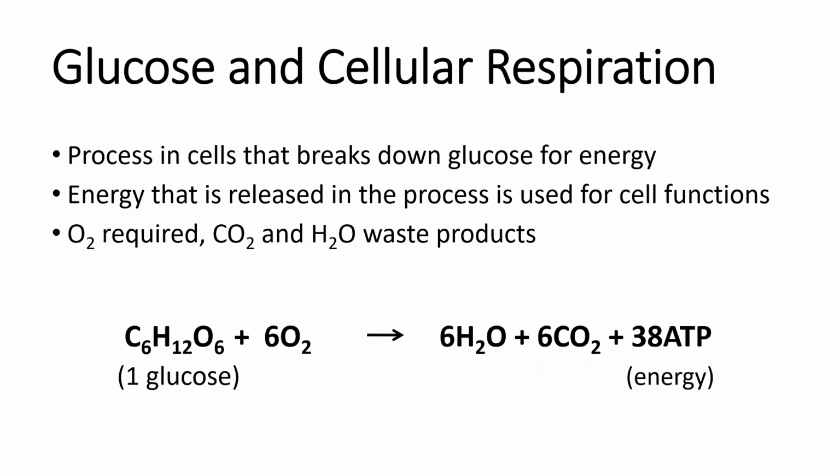What you require for cellular respiration to occur in most organisms is oxygen. So you use this general equation for cellular respiration right here. Glucose, which is C6H12O6, with the addition of oxygen, will yield water, carbon dioxide, and ATP. That is the energy. So remember, ATP is the energy currency in a cell.